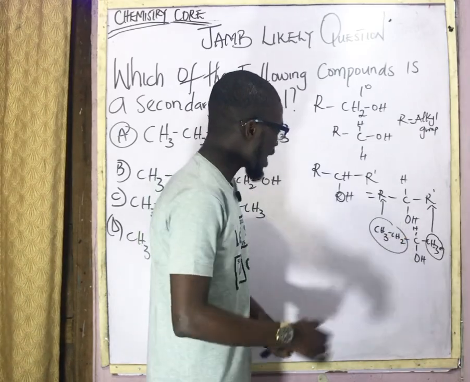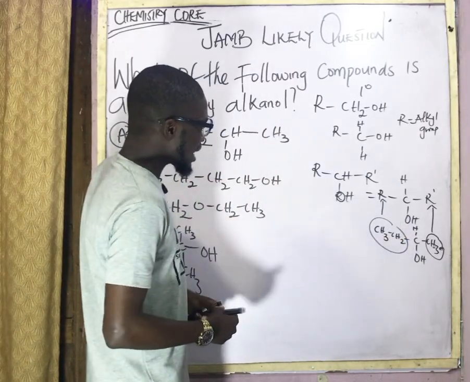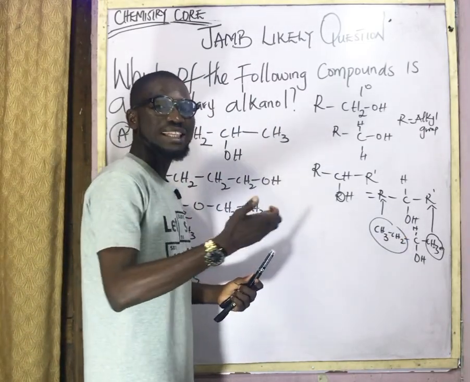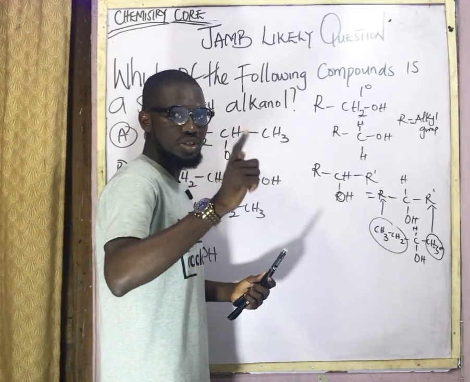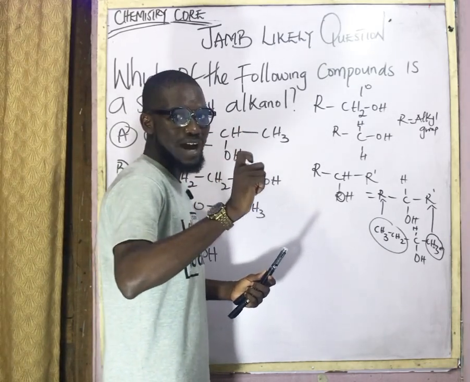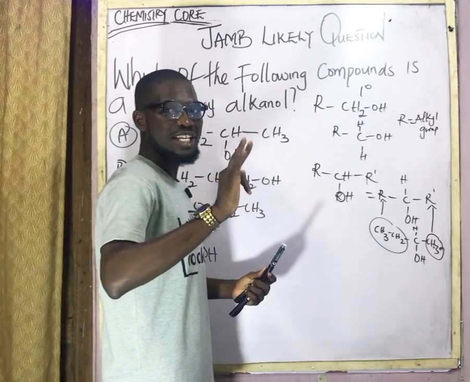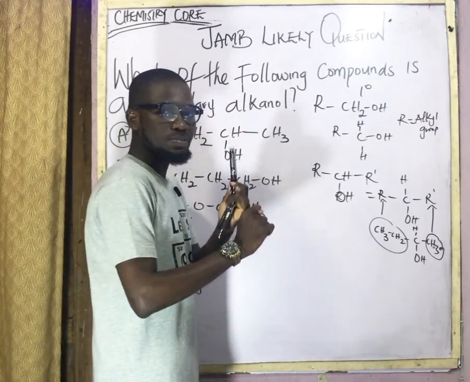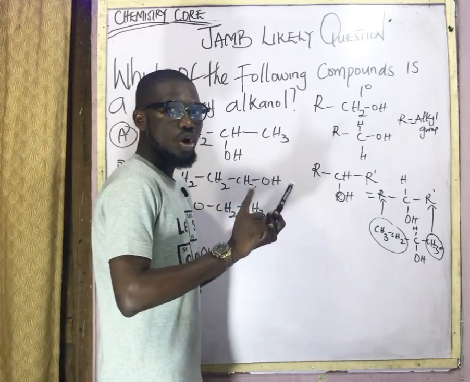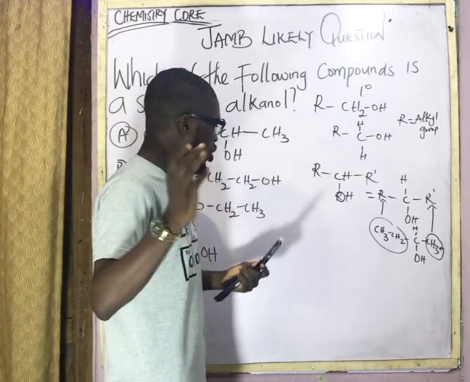Is that clear now? So guys, let's take a look at the last one, which is a tertiary alcohol. In case you come across it in the exam, you should identify the three classifications of alcohol. You should be able to tell which one is the primary, secondary, or tertiary. So guys, come closer.